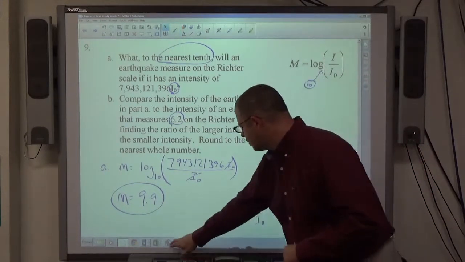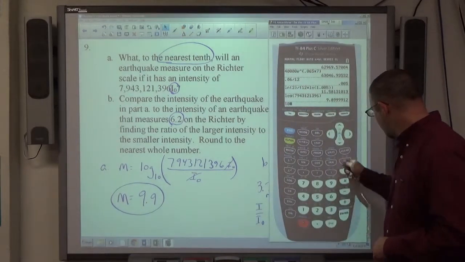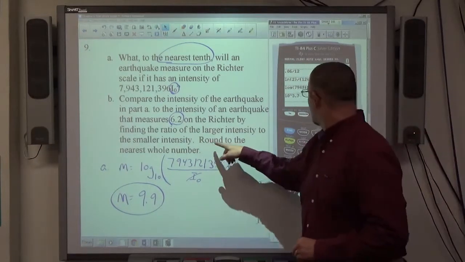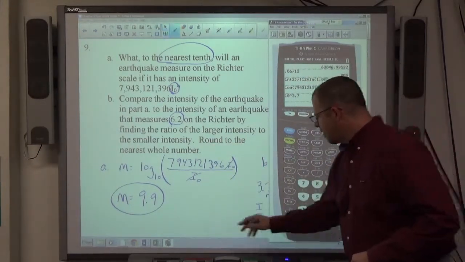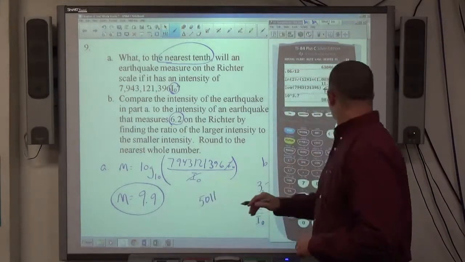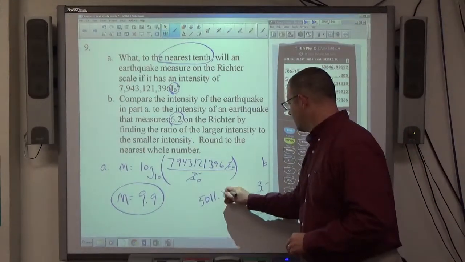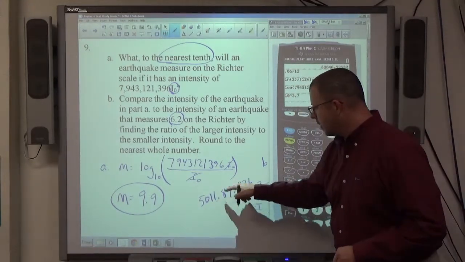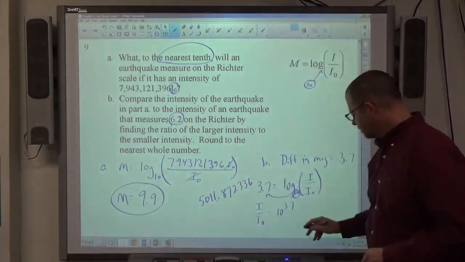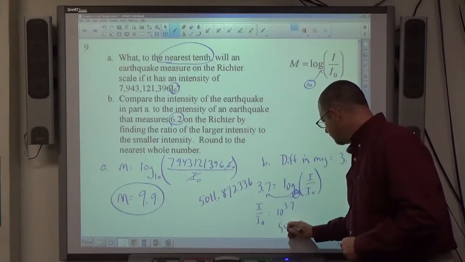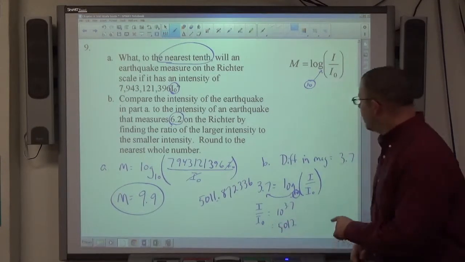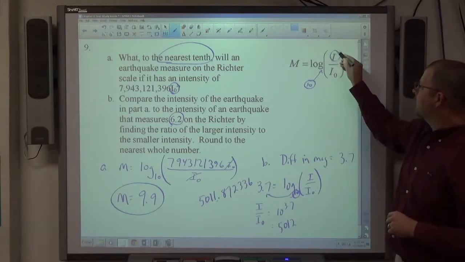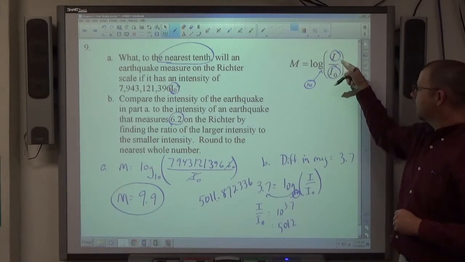So then I just type that in my calculator, 10 caret 3.7. This says round to the nearest whole number. So I see it's 5,011.872336. Nearest whole number is going to be 5,012. So this says I over I0, but it's really I intensity of top earthquake over I intensity of bottom earthquake.